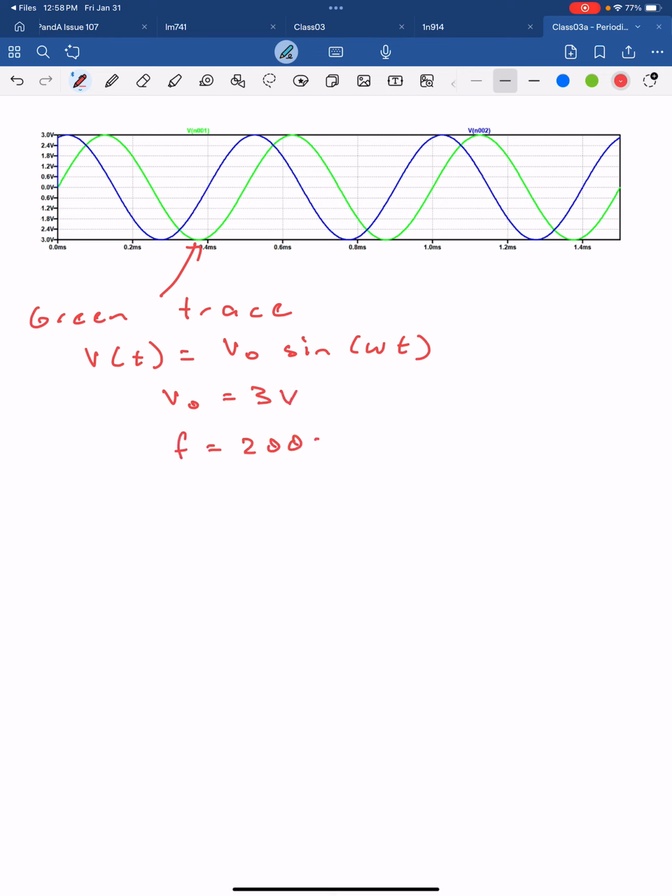f was 2,000 hertz, and so omega is 2 pi times 2,000 equals 4,000 pi. We can multiply the pi, 3.14 times 4,000, if you want, but I can just leave it like that. Either way is fine, and the units are radians per second.